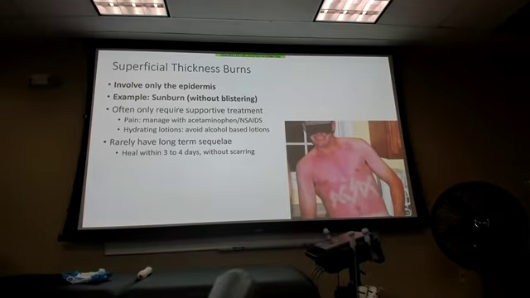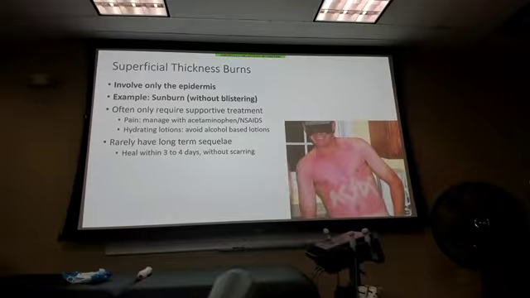So this is just an epidermis, just a sunburn, okay? There's not much treatment we do other than aloe lotions without alcohol in it. Normally heals within 3 to 4 days, okay? If it peels, it probably was a superficial, because you have that shearing between the dermis and the epidermis, okay?